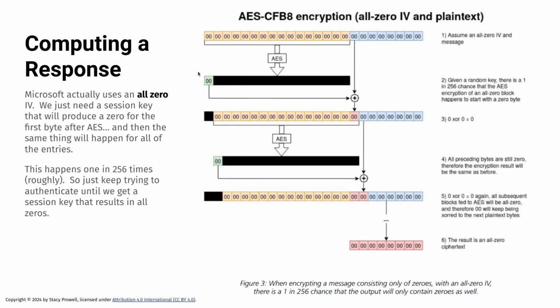And this first byte could be anything. There are 256 different possibilities for that first byte. So we have a 1 in 256 chance that the first byte winds up being, say, 0. Now, why am I interested in that first byte being 0?